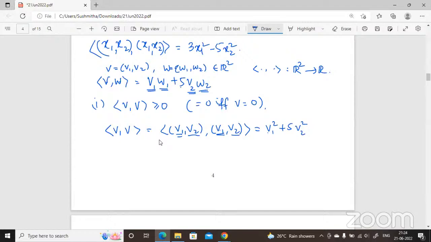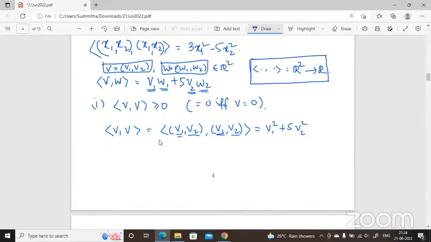Sorry to ask this at this time, but can you tell what the inner product is? You wrote V1 comma V2. That's a notation that I am using: V equals V1 comma V2, belonging to R2. The inner product is the function I'm talking about, and I'm checking whether this function satisfies those conditions.